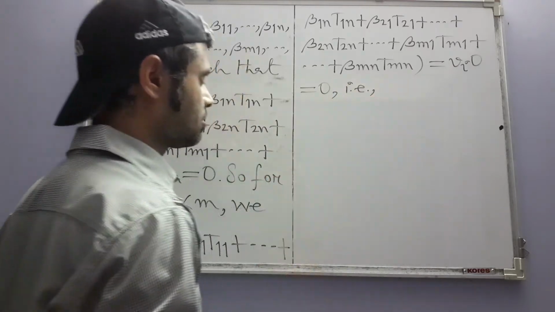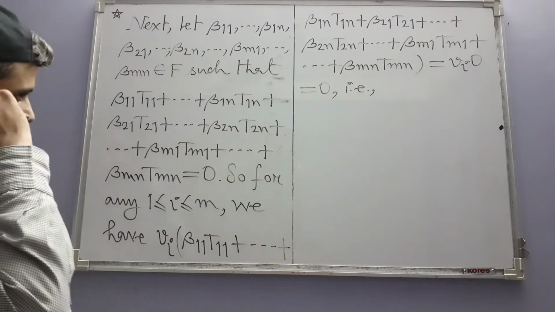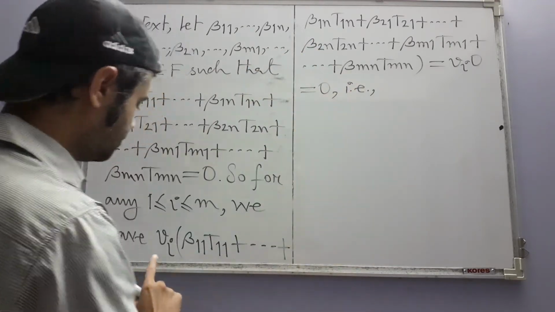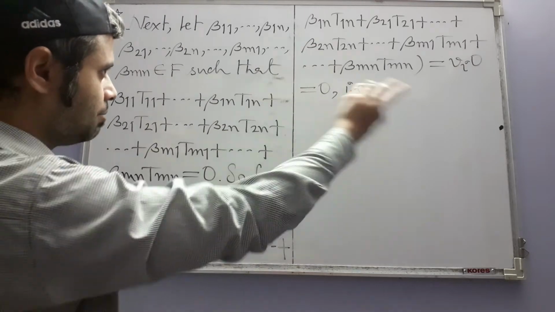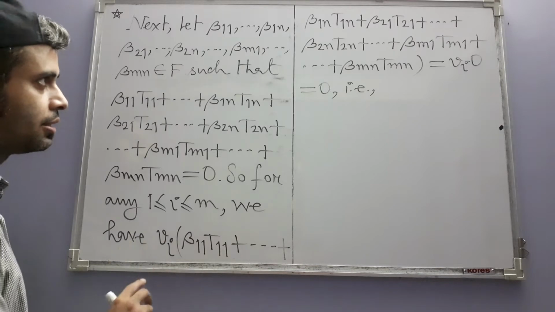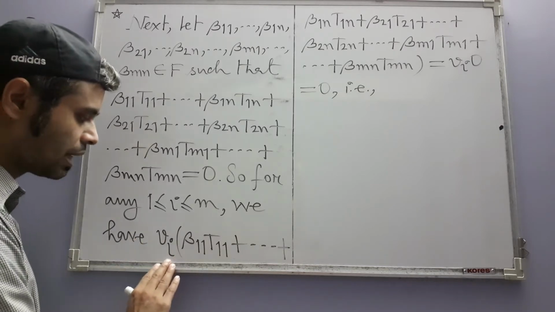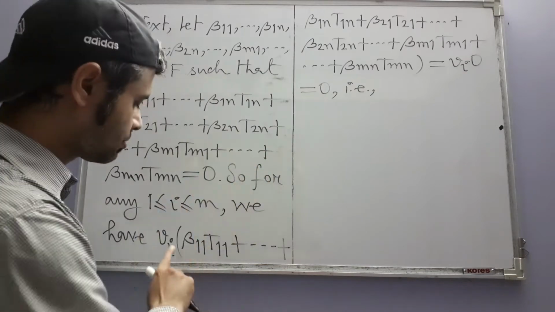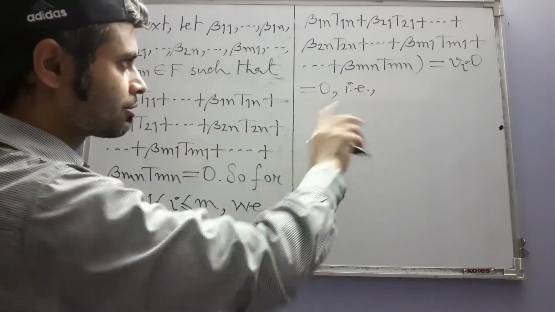Let us continue the calculation like this, because we are not writing this as an equation array. So this implies, because we have already seen what happens when we apply such a linear combination of the Tij's to Vi, now we need not write everything.